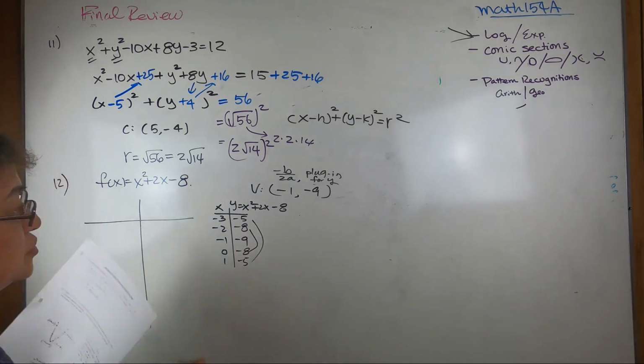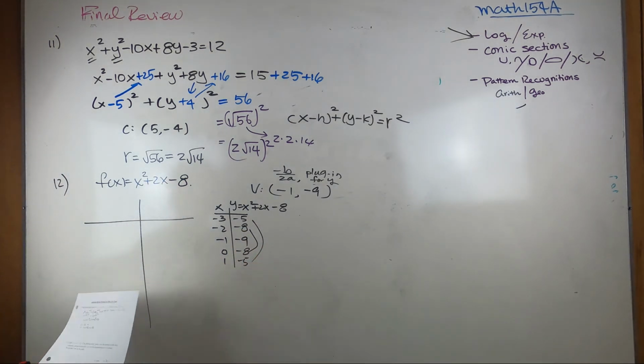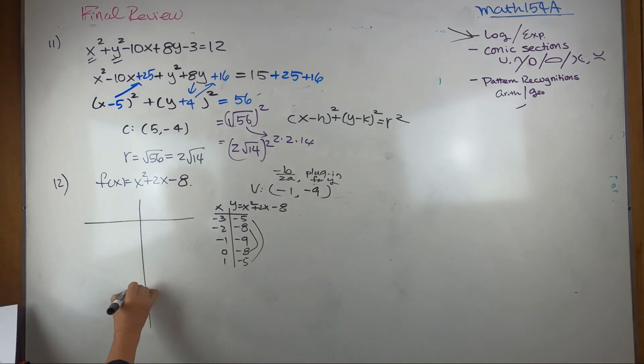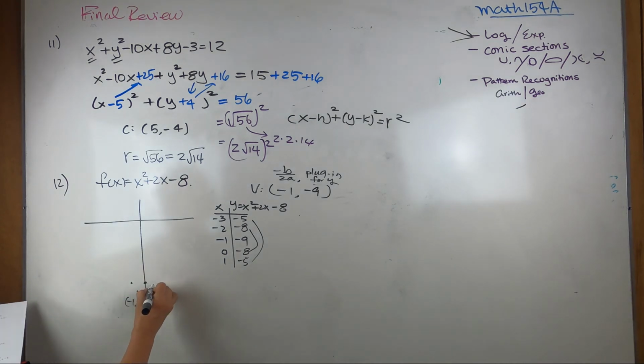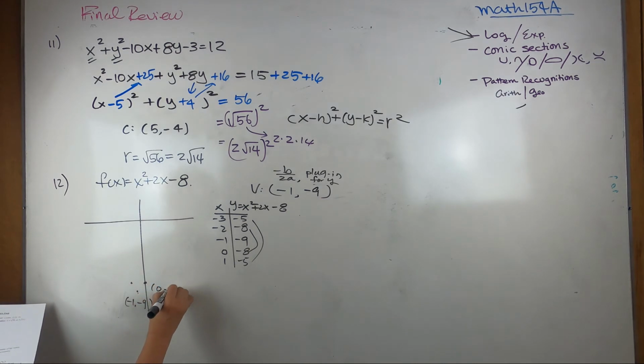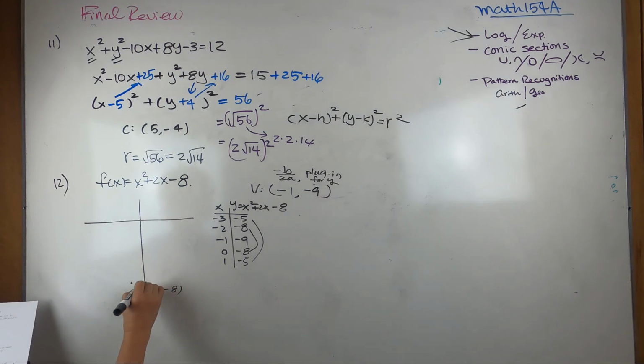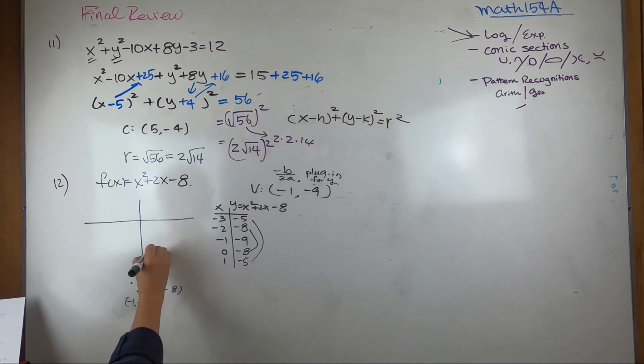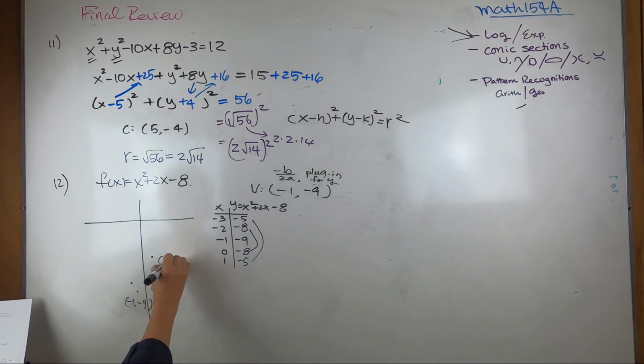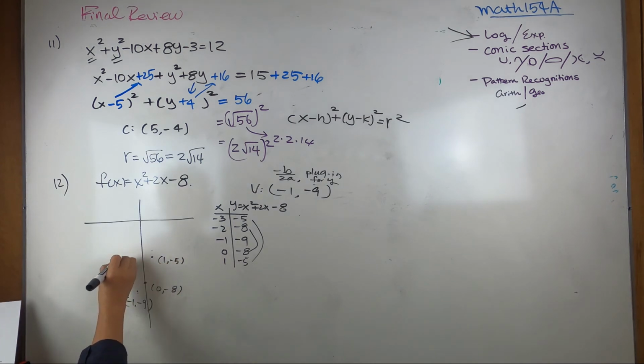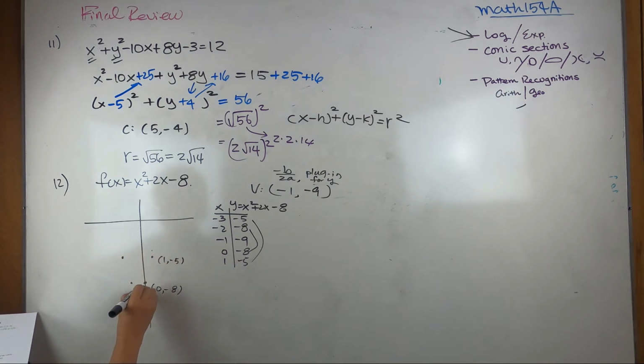They should be symmetrical, right? So we have what? -1, -9, -2 and -8, 0 and -8, and 1 and -5. Okay, 1 and -5 here, right? Then you should have a graph like this.